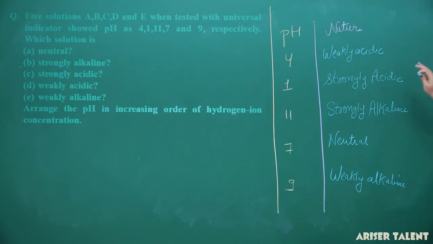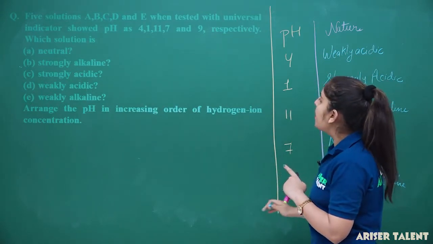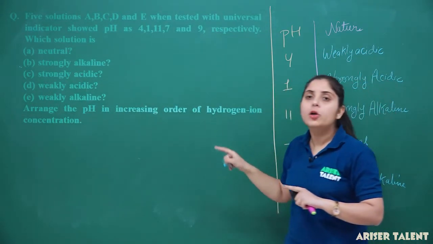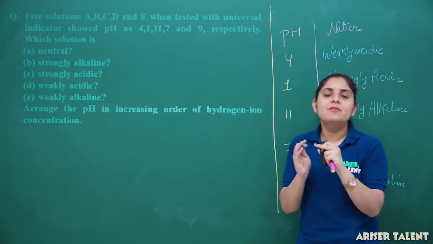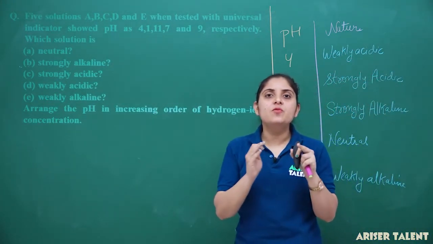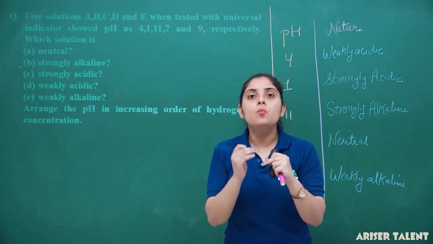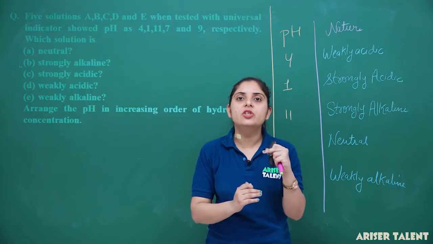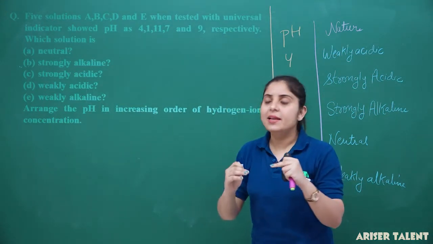Now we have arranged the data according to the pH value. Now what do we have to do? We have to arrange all these compounds in the increasing order of hydrogen ion concentration. We have discussed in our chapter that the pH value is inversely proportional to the hydrogen ion concentration. The more the hydrogen ion concentration, the lesser the pH value, or we can say the lesser the alkaline value.